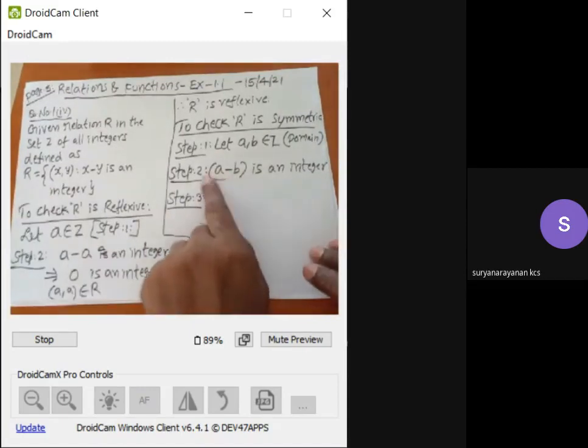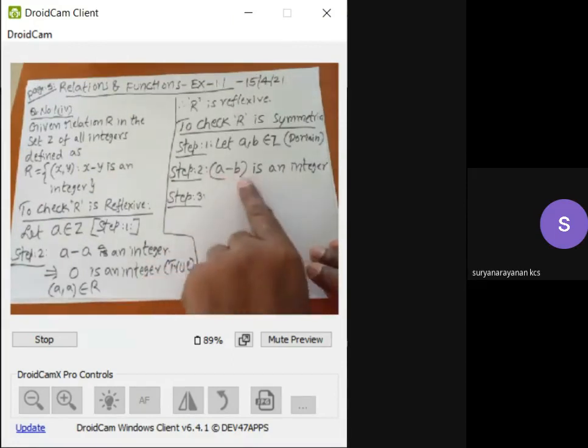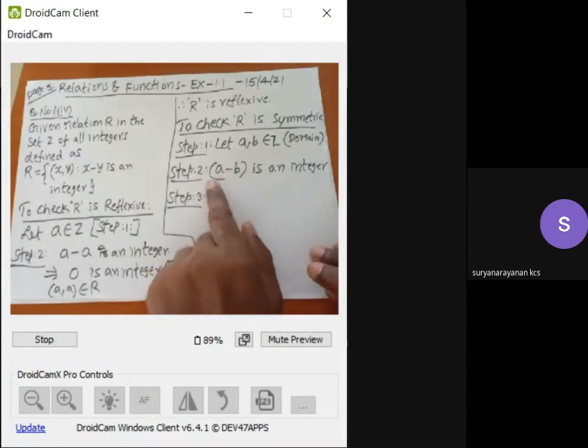Now, write in the reverse order. What is meant by symmetric? Reverse ordered pair should be in the relation. Yes or no? Yes, sir. So, in step 2, you have got one statement: a minus b is an integer. In the same statement, just interchange the places of a and b.